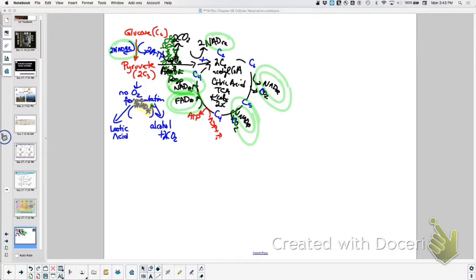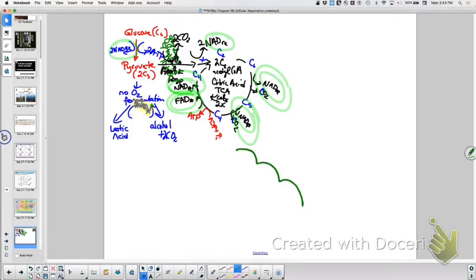Okay, I take them to the top of the ETC. Now, they don't all actually get to go to the top, right? No, some come in at the very top. Your NAD reduced comes in at the top, but your FAD comes in a little lower.